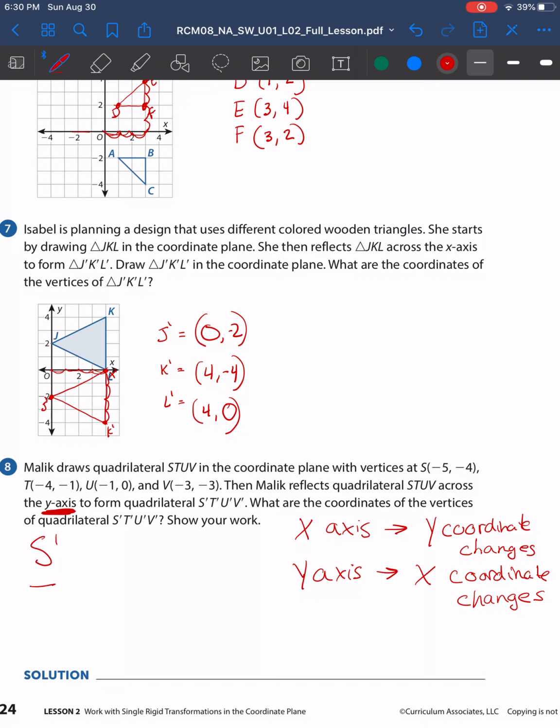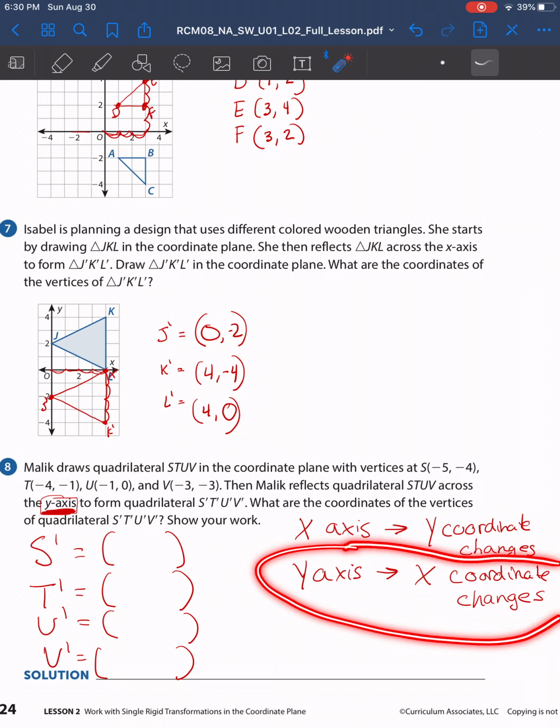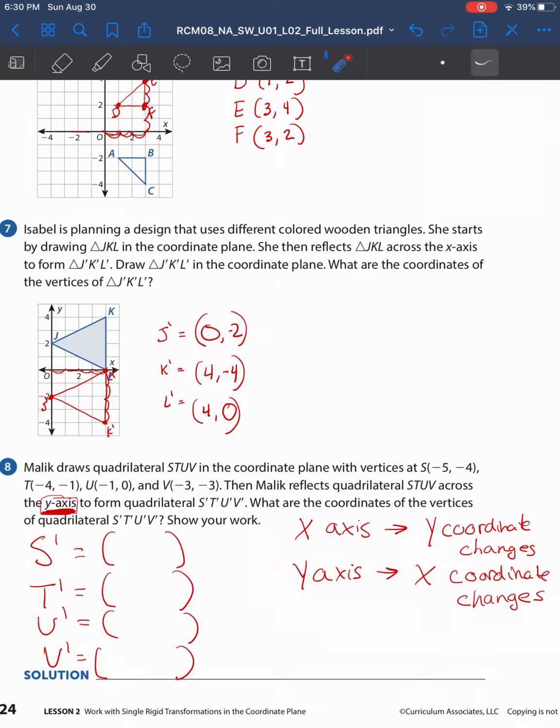S prime, T prime, U prime, V prime. Okay, I'll make my parentheses. Now, which one is it? It flipped on the y-axis, so we're going to use the y-axis rule, which says the x-coordinate changes. The x-coordinate is the very first coordinate, and we are going to just change that to its opposite.